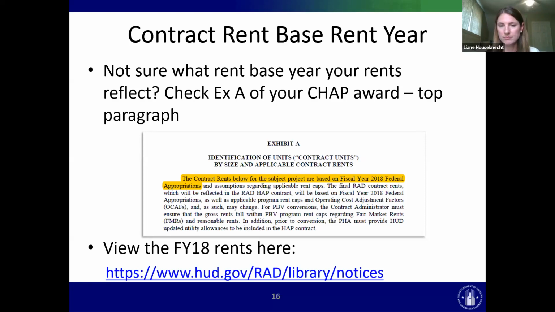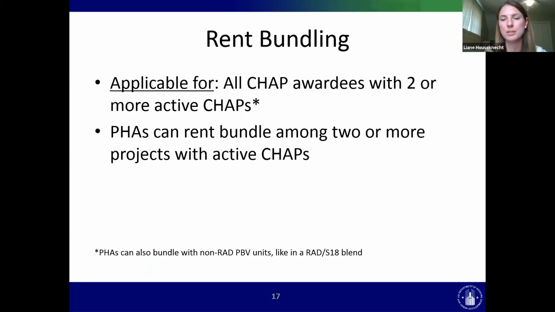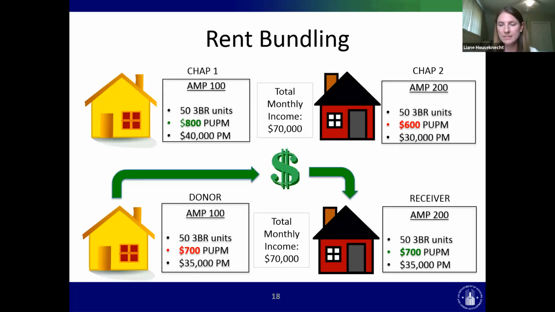Okay, next question. How does rent bundling work with a RAD/Section 18 blend, in which the project would have RAD designated rents and 25% non-RAD PBV rents? Great question. Dan, if you'd be able to pull up the rent bundling slide. The non-RAD PBV rents are usually 110% of FMR, so in most cases they're higher than the RAD rents.